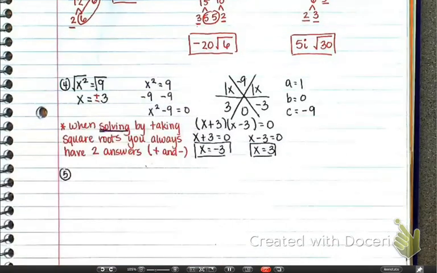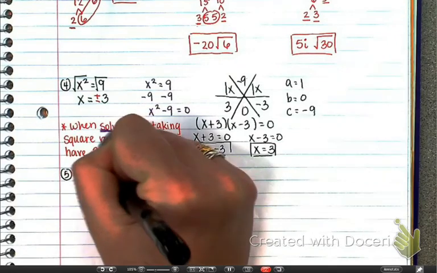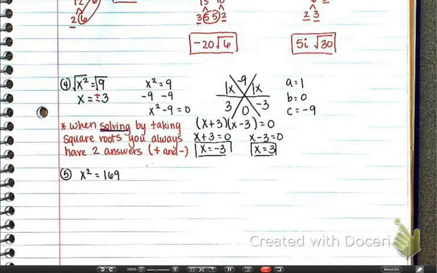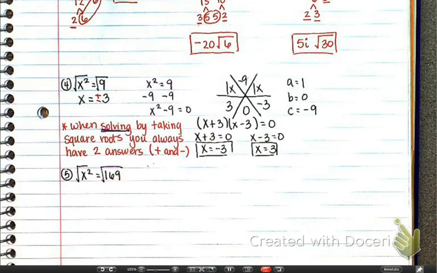All right, let's look at another one. I'm going to give you x squared equals 169. Now it has an equal sign, so I'm solving. And how do we get rid of an x squared? Square root. Whatever you do to one side, you have to do to the other side. What's the square root of x squared?